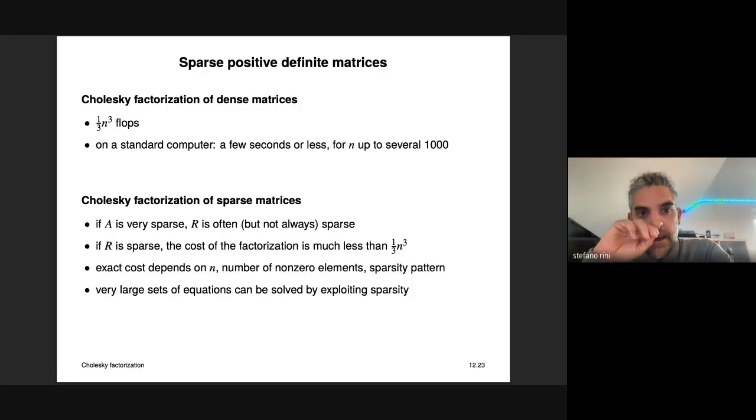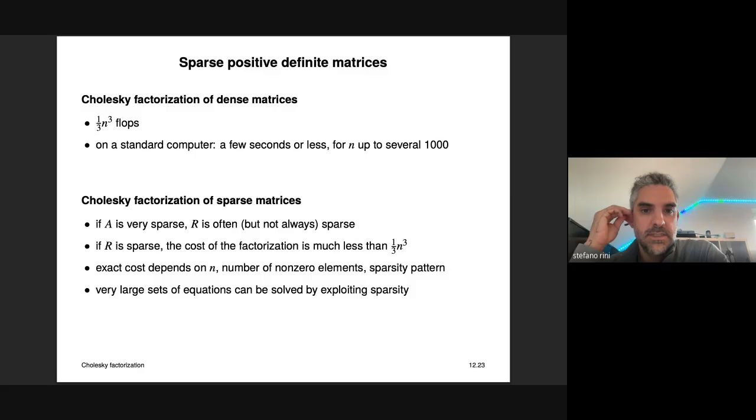Okay, now as we said, in data science and in big data analysis, usually we have to deal with the concept of sparsity, meaning that we have these very large matrices, but only a few elements are non-zero. So there exists an algorithm that factorizes dense matrices in 1/3 n cubed.